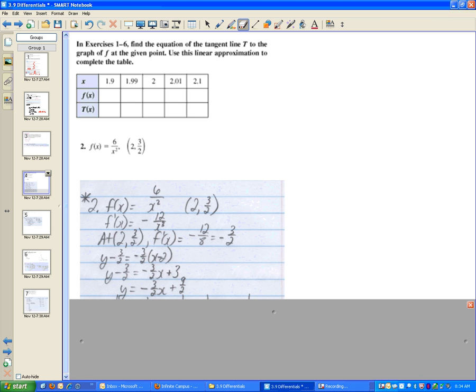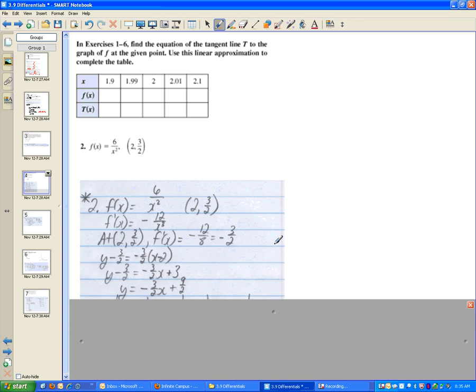All right, now, like we talked about, near the point of tangency, the tangent line and the function are going to have y values that are very close to each other. Okay? So, near the point of tangency. Well, near and close, those are terms that just vary from function to function, what's close enough.